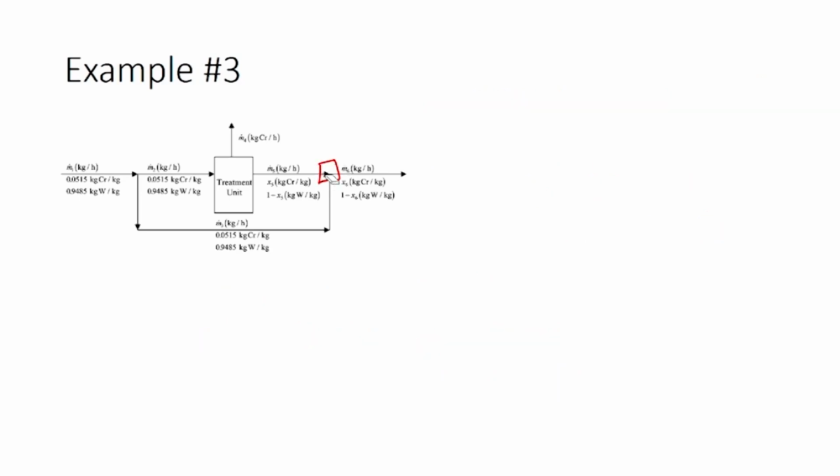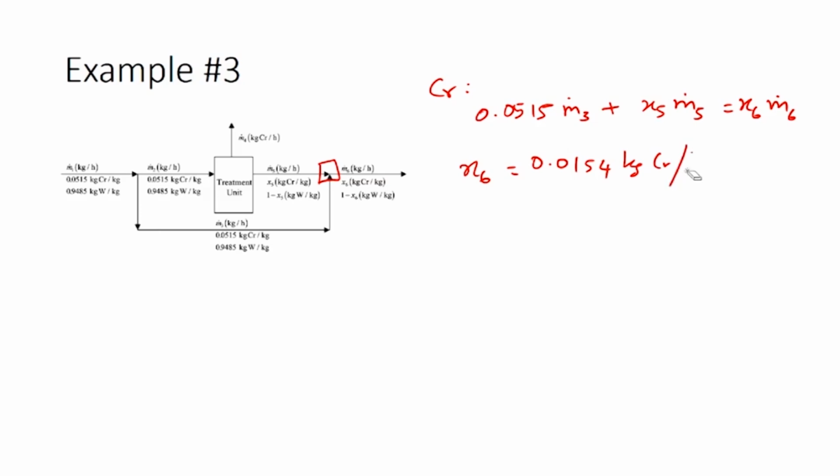For the mixing point, we can also write a chromium balance: 0.0515 times M3 dot plus X5 times M5 dot equals X6 times M6 dot. We already know M3 dot, M5 dot, M6 dot and also X5. Substituting the values, we get X6 as 0.0154 kilograms of chromium per kilogram.